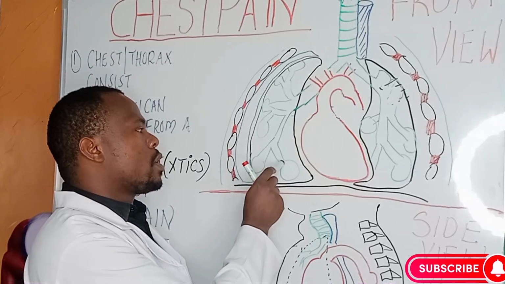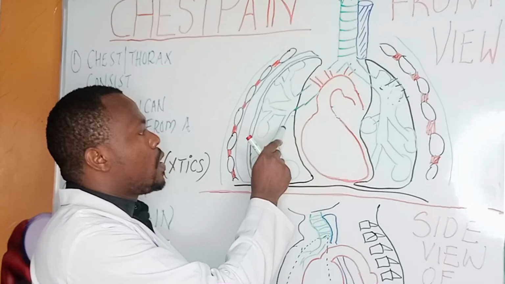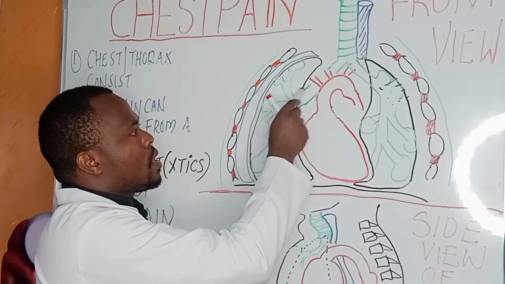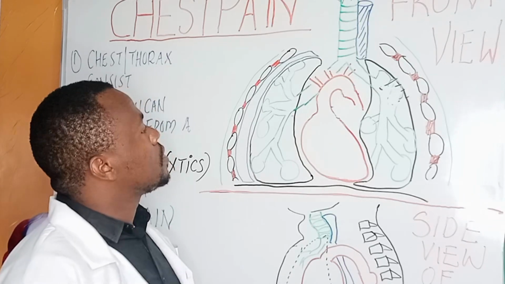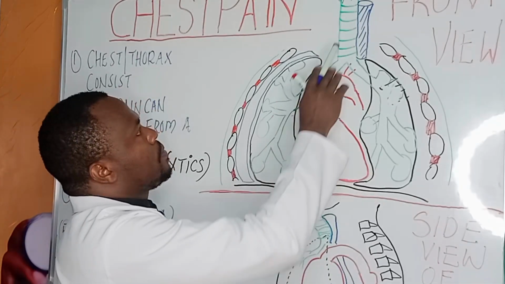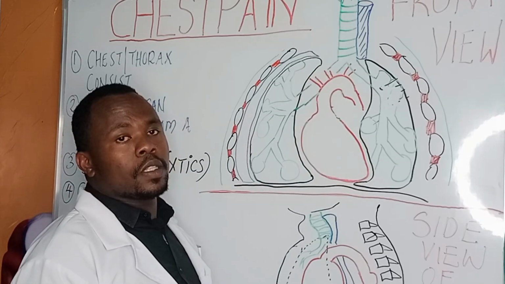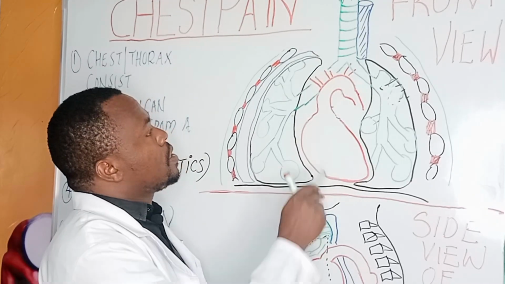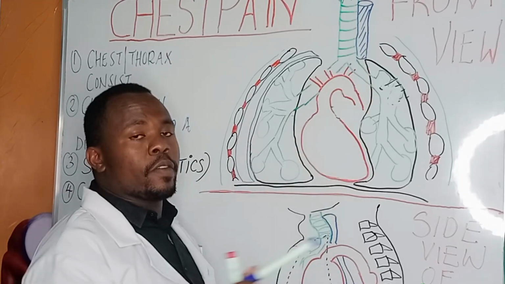We have the smallest bronchial tubes, which are called bronchioles, and we have the large bronchial tubes. These are the large bronchial tubes, which we call the bronchus. Then we have the trachea. Trachea is part of the chest, and also we have this structure in blue, the food pipe.